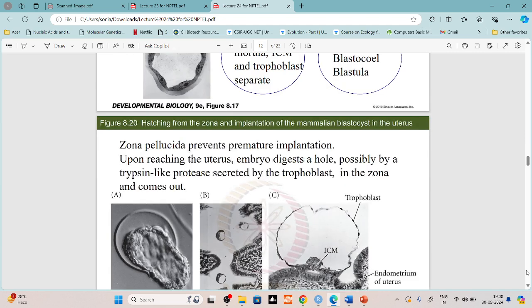Okay. So zona pellucida prevents premature implantation, and upon reaching the uterus, the embryo digests a hole, possibly by trypsin-like proteases secreted by the trophoblast in the zona pellucida, and comes out.